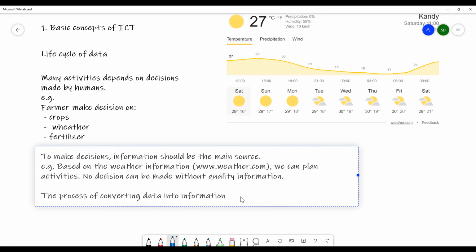Right, let me give you another example. Let's say Amadara's ICT marks are around 80%. What can you tell about Amadara? Like she's a little bit good.